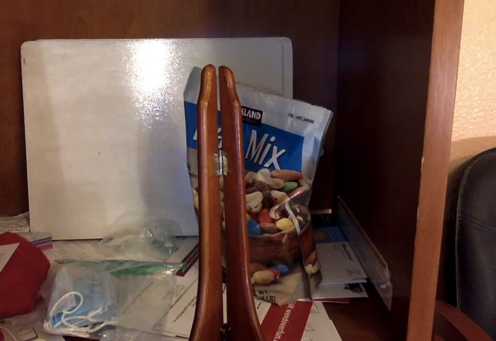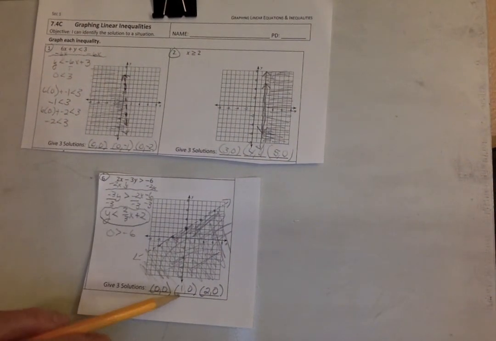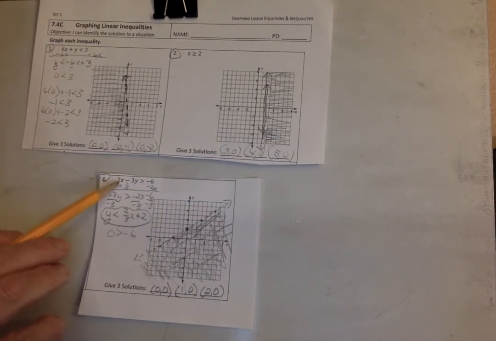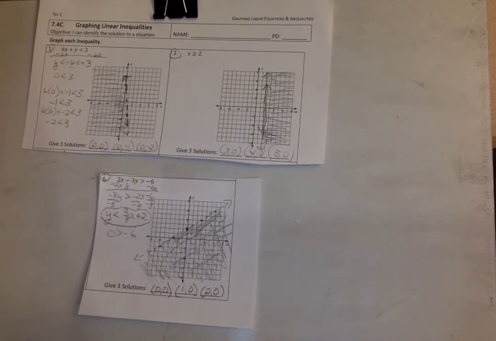I like to use zeros because that makes my calculations so much easier. So if I put 1, 0, I put 1 in for x, that is 2, and this will be 0. 2 minus 0 is greater than negative 6. Yes. Okay, now if I put 2, 2 times 2 is 4. Is 4 minus 0, that's our y value, greater than negative 6? Negative 4 would be greater than negative 6, so that's true as well.